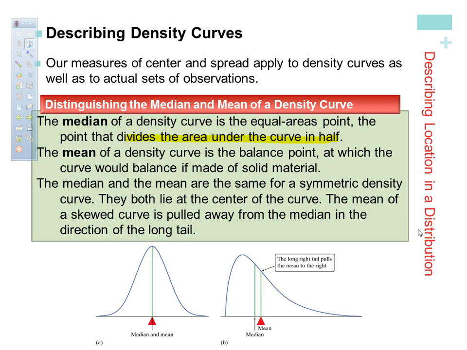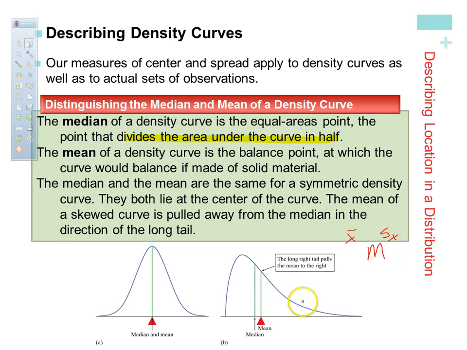Now, the last thing I'll tell you is measures of center and spread we'll use for density curves so that you get used to the notation. We've been using X bar and S sub X for our mean and our standard deviation, and of course M for our median. That's because we're dealing with sample data, and we're dealing with actual values that we can go find the mean and the standard deviation with.